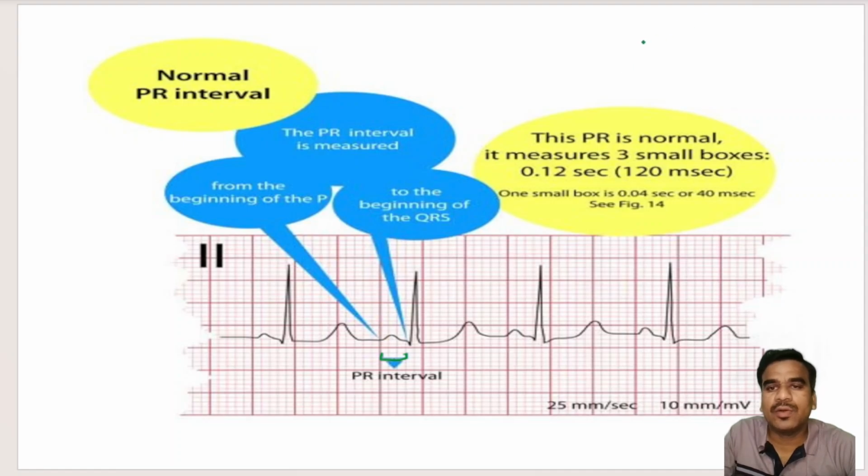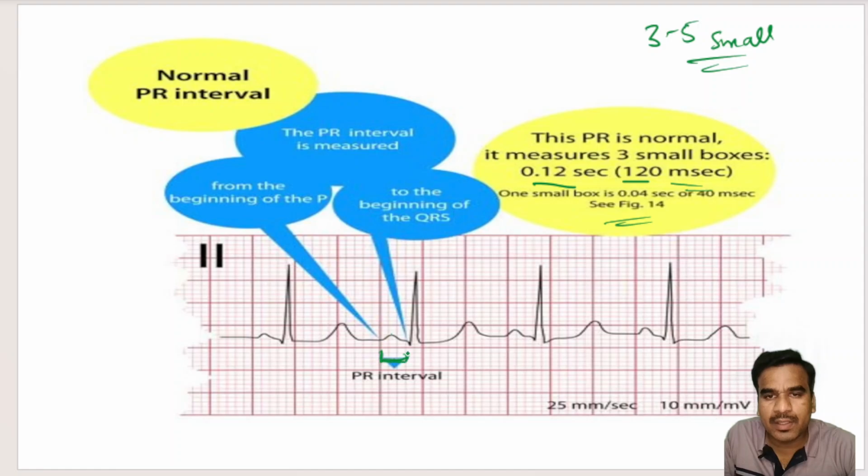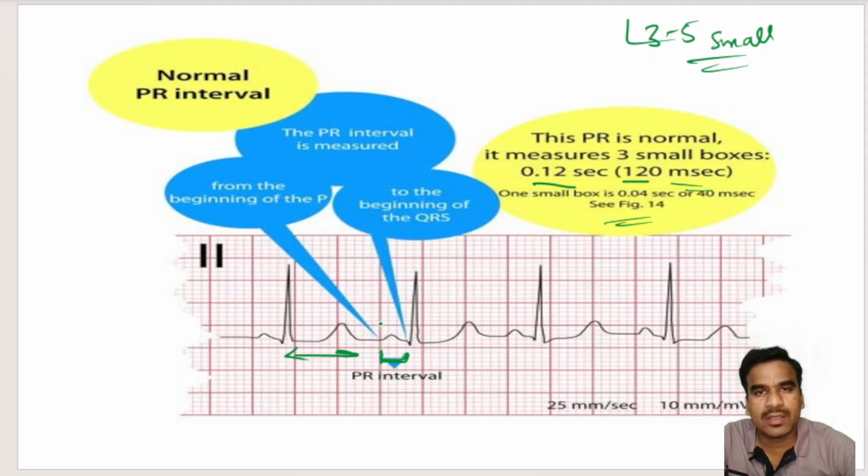I told you now, 3 to 5 small boxes will be there in the normal PR interval, that I already told you, 0.12 to 0.20 second, that is 120 milliseconds. So from here to here is the PR interval, that should be 3 to 5 small boxes, and 0.12 second is normal. If it is extended, it is abnormal, that is the prolonged PR interval, and it is seen in first degree heart block.